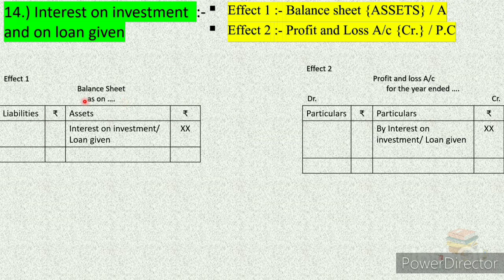First effect, in balance sheet asset side, it is interest on investment or loan given, writing the amount in outer column. And second effect, in profit and loss account for the year ended, credit side, by interest on investment or loan given, writing the amount in outer column.